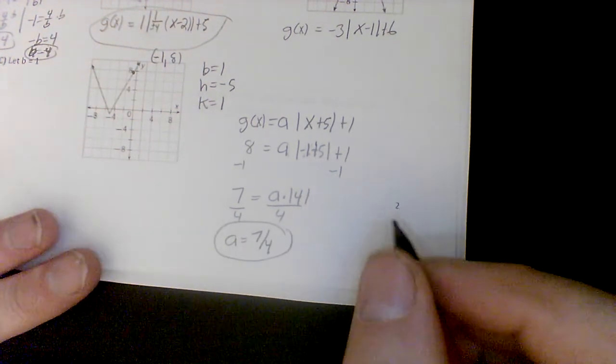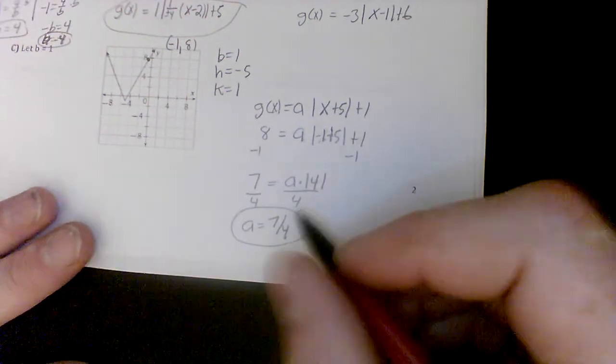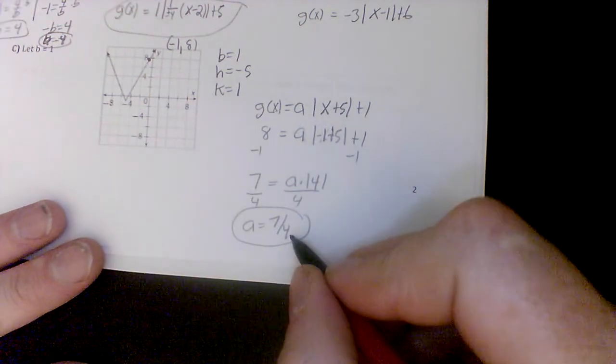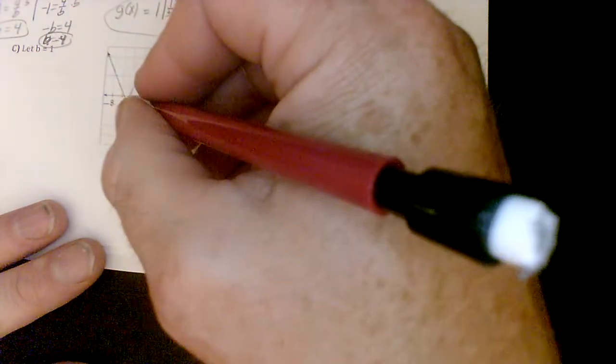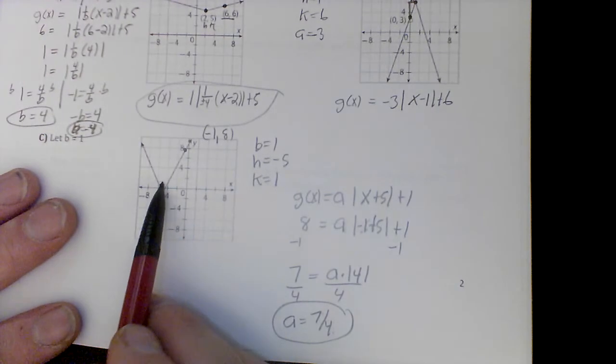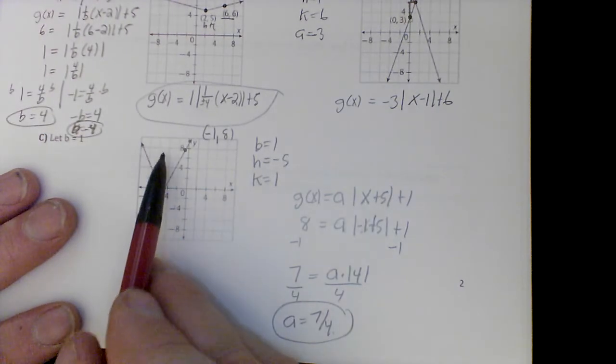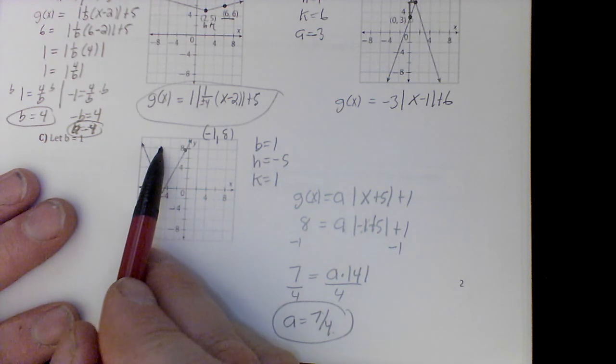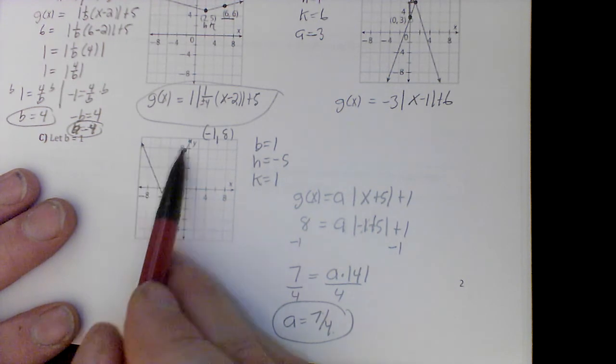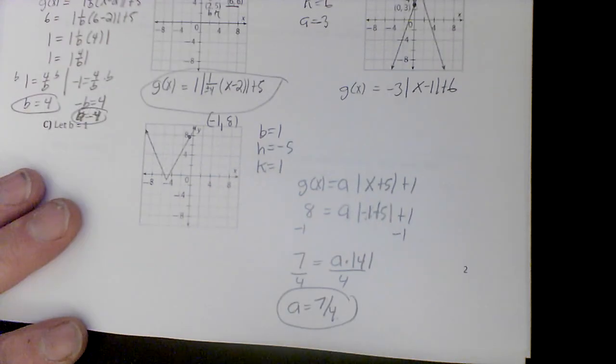Alright, in the interest of time, I'm going to see if this works. If this works, I should go up 7 and over 4 from this point to reach something. So let's see, from here, if I go up 7, that is 2, 4, 5, 6, 7-ish, and then over 1, 2, 3, 4. That is definitely the right answer.